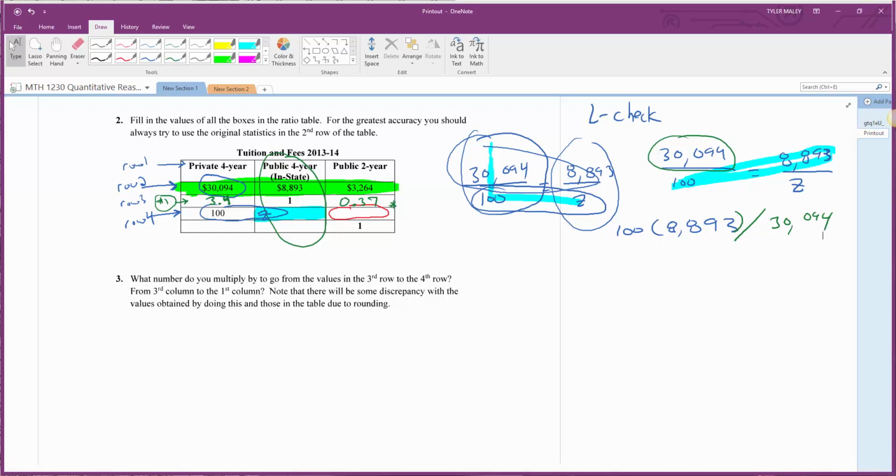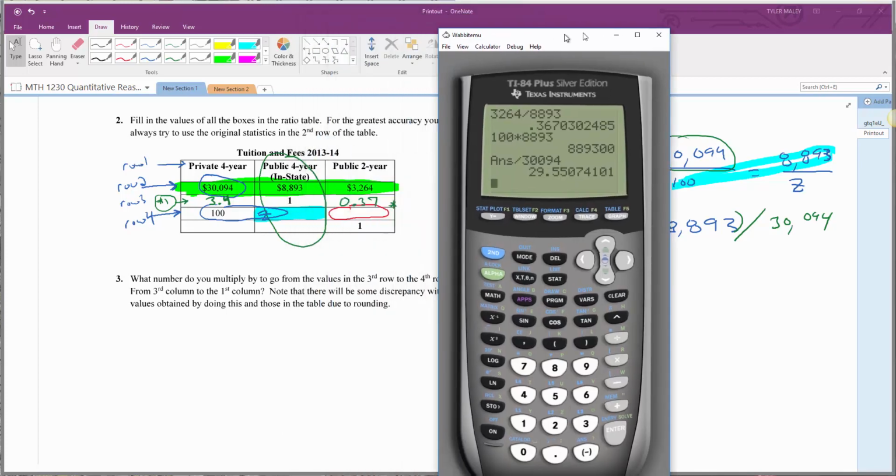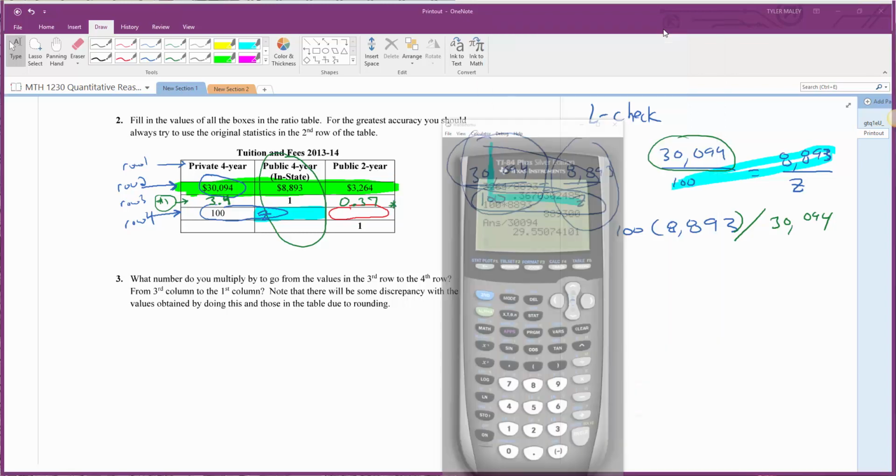So if I grab my calculator and take 100 times 8,893, and then divide that by 30,094, I'm getting 29.55, which rounds to about 29.6.